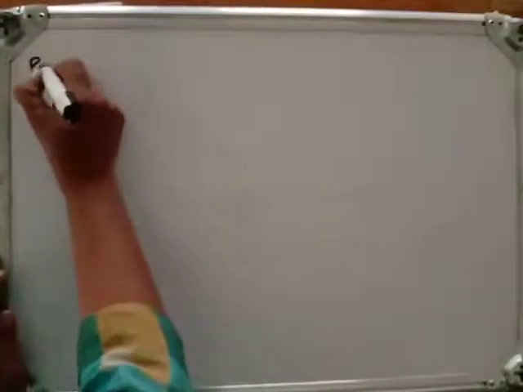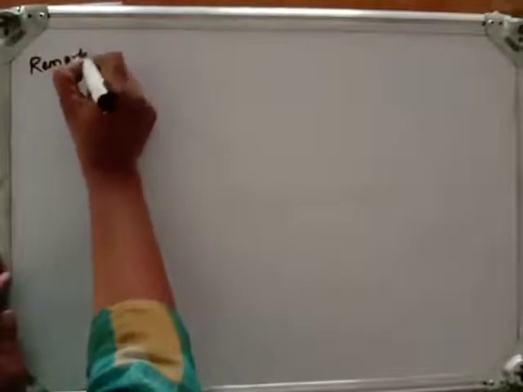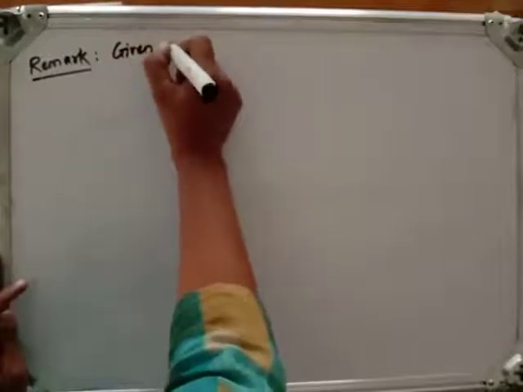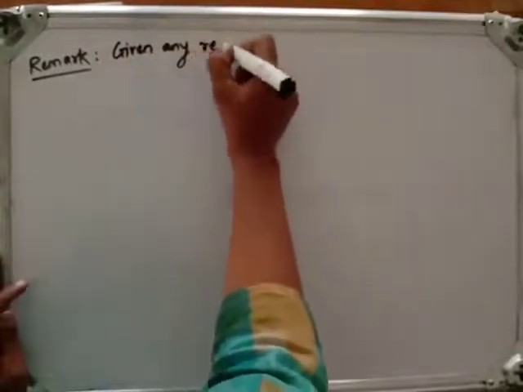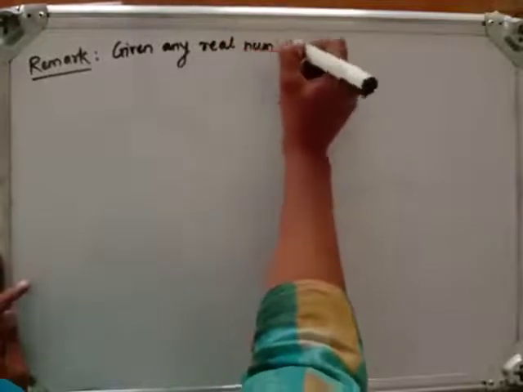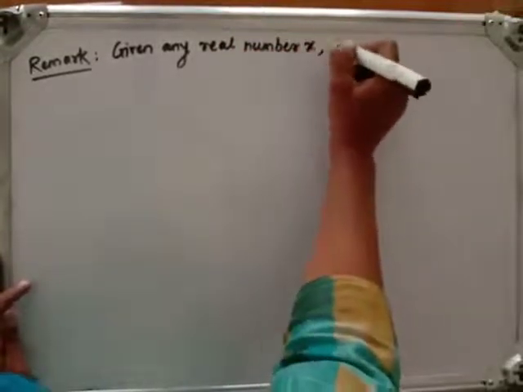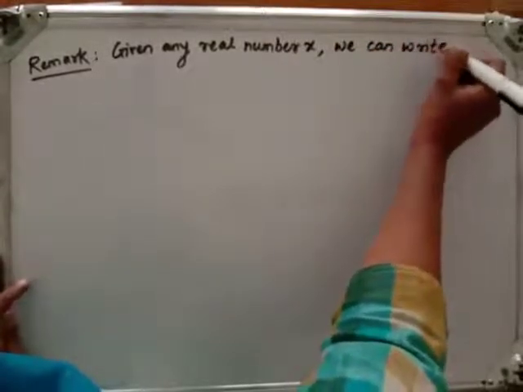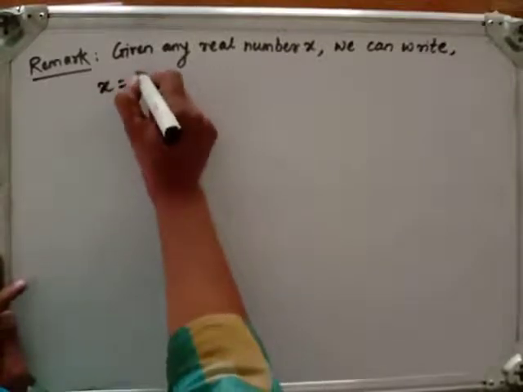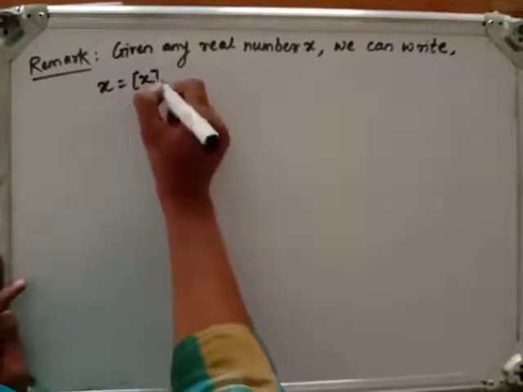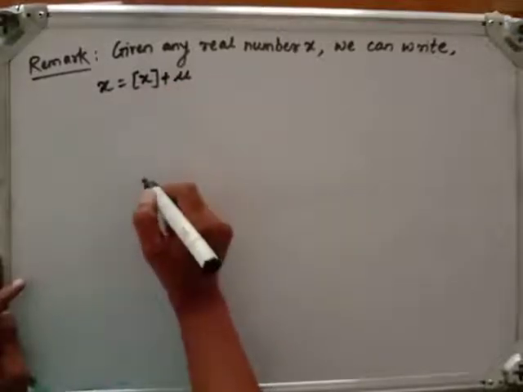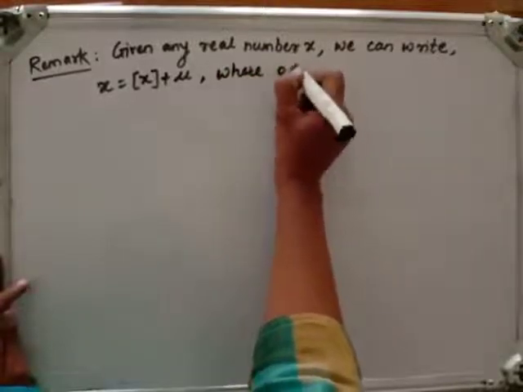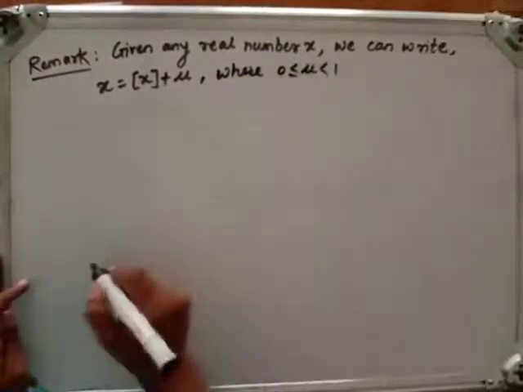Remark. Given any real number x, we can write x equal to the greatest integer function of x plus some number mu, where 0 less than or equal to mu less than 1.